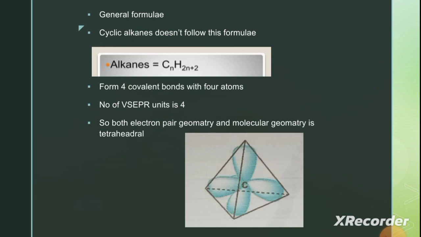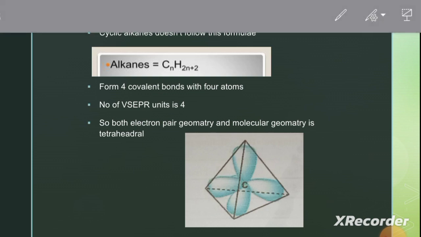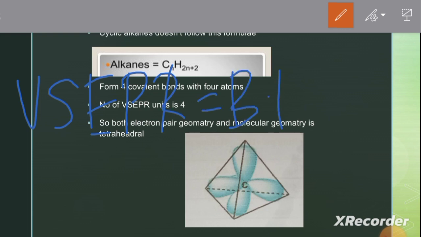Every carbon forms 4 covalent bonds with 4 atoms. Carbon has a valency of 4, so it forms 4 covalent bonds with 4 atoms. So the number of VSEPR units is 4. We can calculate the number of VSEPR units as bond pairs plus lone pairs.